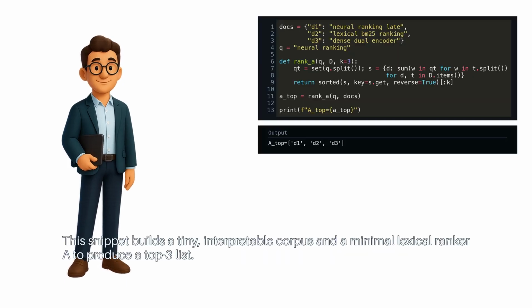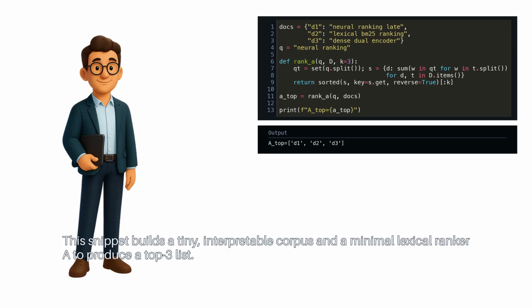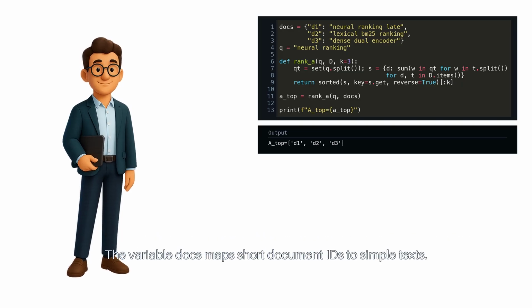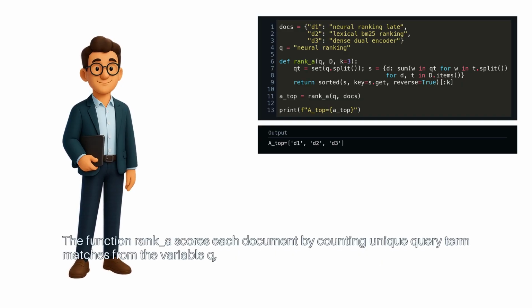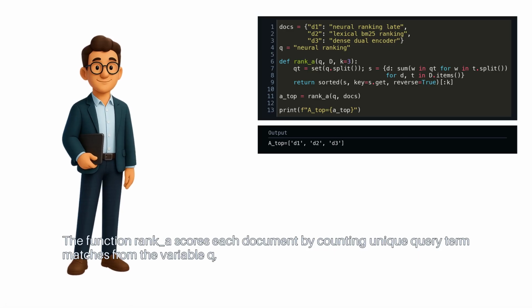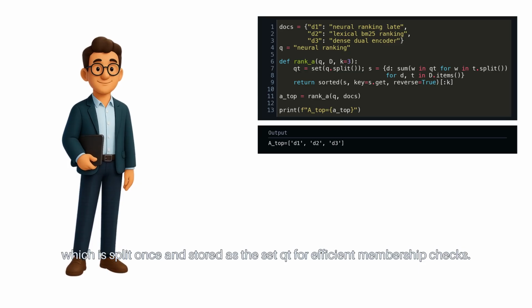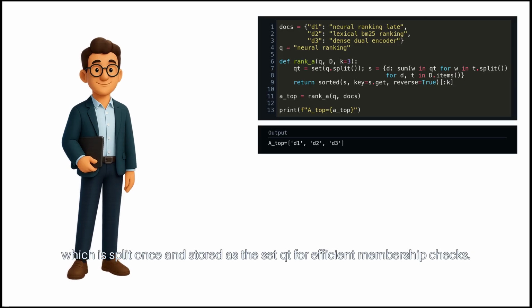This snippet builds a tiny interpretable corpus and a minimal lexical ranker A to produce a top 3 list. The variable docs maps short document IDs to simple texts. The function rankA scores each document by counting unique query term matches from the variable Q, which is split once and stored as the set QT for efficient membership checks.